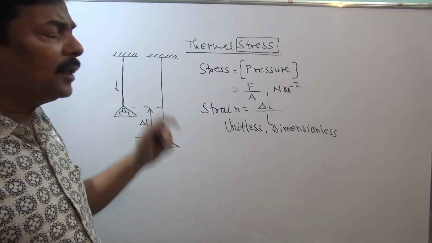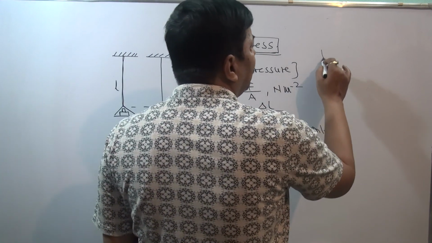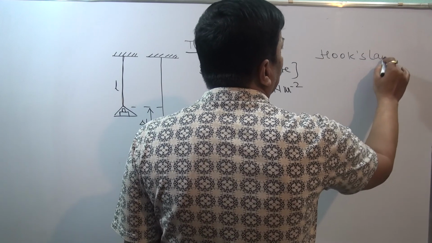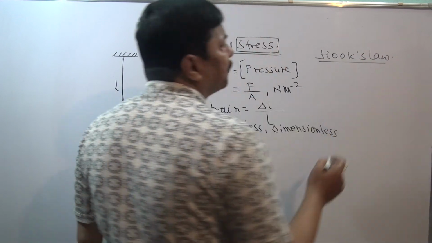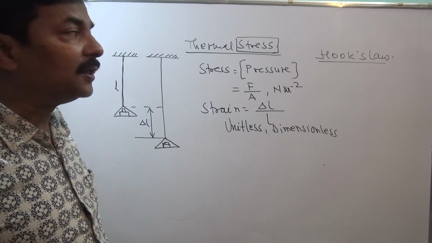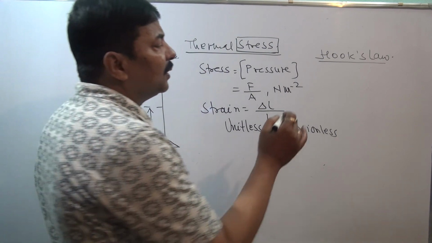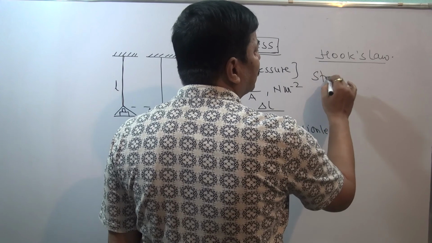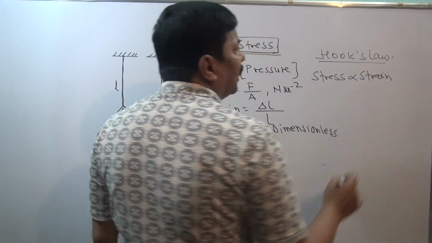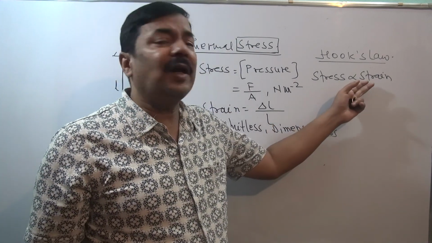Now one more term I would like to introduce, and that is Hooke's law, which will be discussed with you in the elasticity section, where it will talk about elastic limit, that what is elastic limit, and within elastic limit it is found that a stress is proportional to a strain. A stress is proportional to a strain. Now a stress is of different types, a strain is of different types.